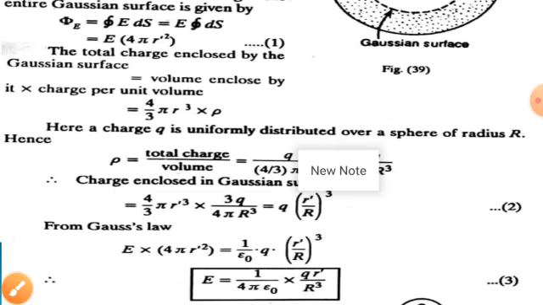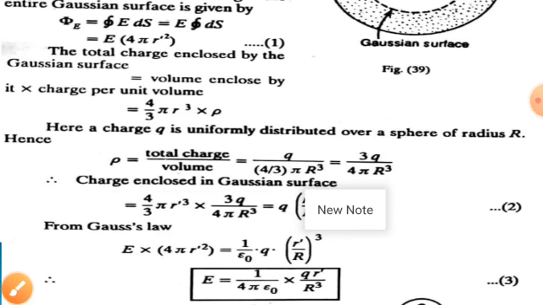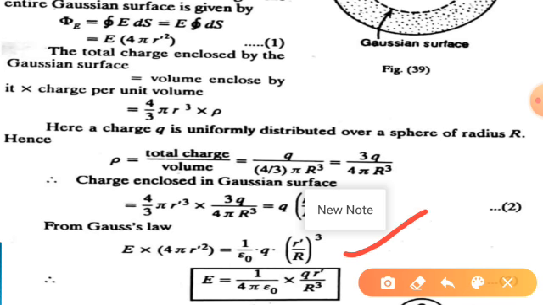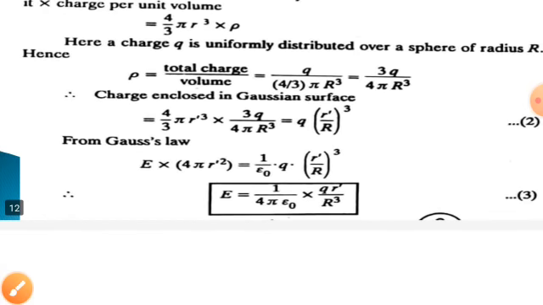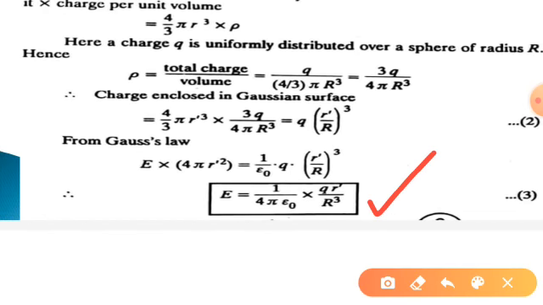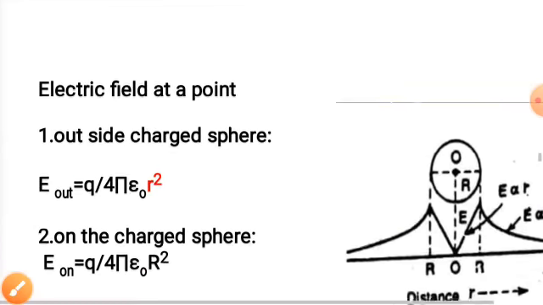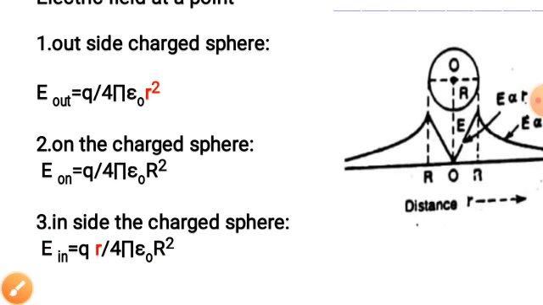So E into 4π r prime squared is equal to 1 by epsilon naught into q into r prime by R cubed. From this we get the equation E is equal to 1 by 4π epsilon naught q r prime by R cubed. Take the three equations at a time.